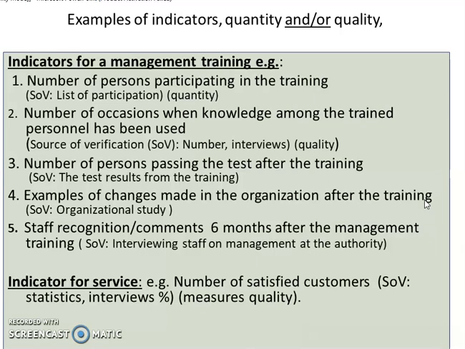So indicators for the project are there, and corresponding to that, sources of verification are there. The number of satisfied customers could be an indicator, and the source of verification may be statistics, interviews, percent, by quantifying, by taking into consideration the percentage of people satisfied.